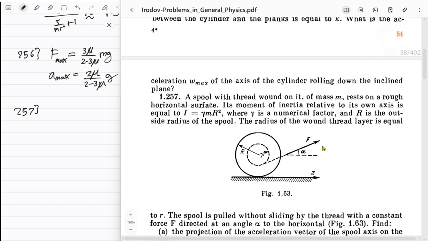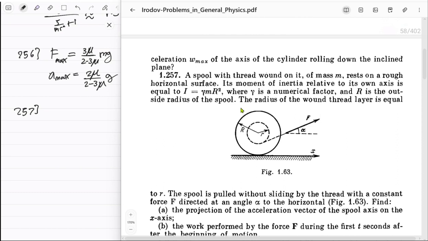What do you mean by that? Of the wound thread layer? What? So it rests on a rough horizontal surface. Wait, is figure 1.63 for this? Oh, okay. The radius of the wound thread layer is equal to R. That's what you should say.